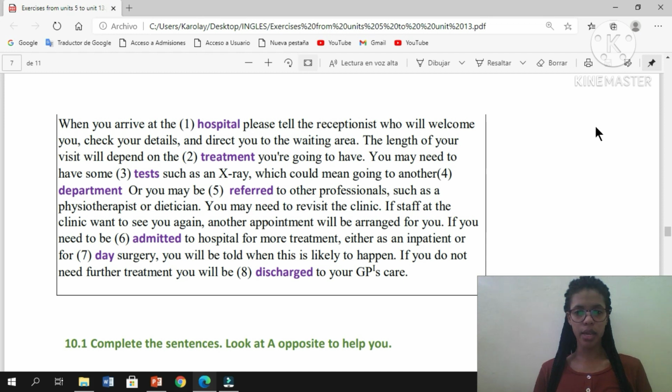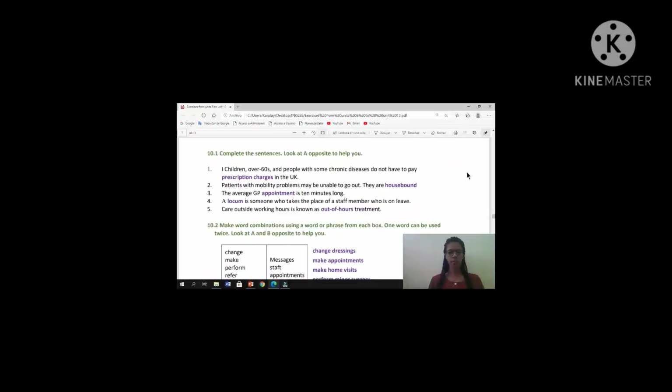Another appointment will be made for you. If you need to be admitted to hospital for more treatment, you will have an appointment with a surgeon. You will be told when this is likely to happen. If you do not need further treatment, you will be discharged to your GP's care.